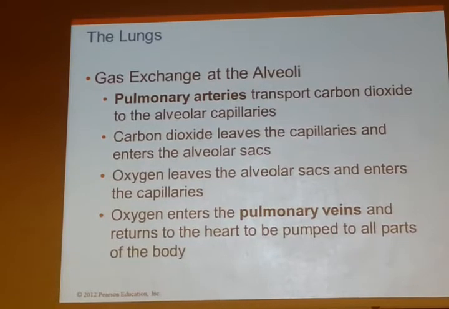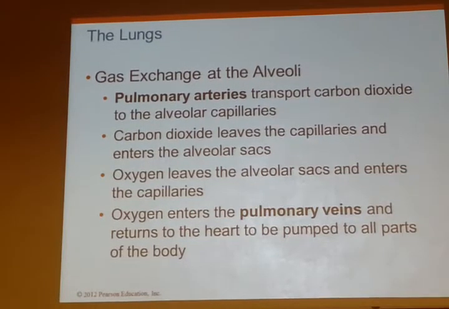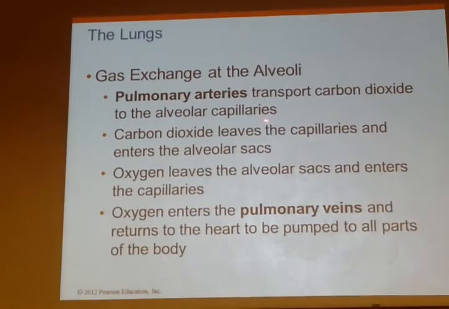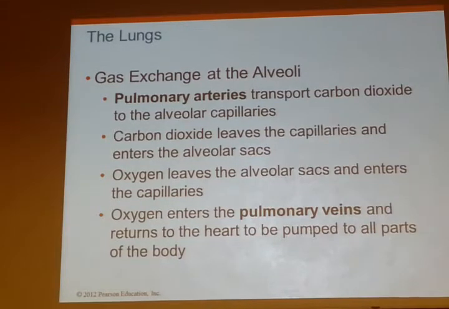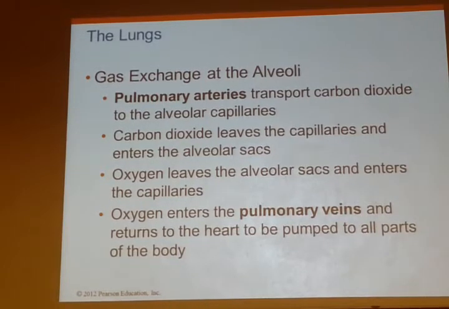The arteries are carrying deoxygenated blood, which is full of carbon dioxide from your tissues. At the alveoli, that CO2 will diffuse out of the blood into the alveoli, and O2, which you have just inhaled, will then go into the blood. There will be a concentration gradient for CO2, which looks pretty small in numbers.